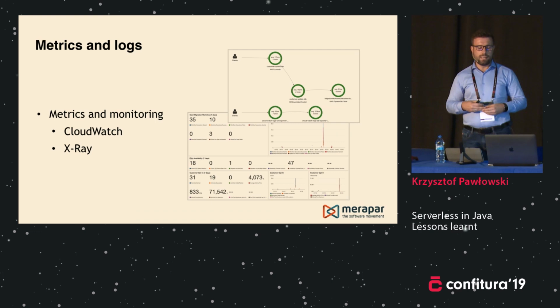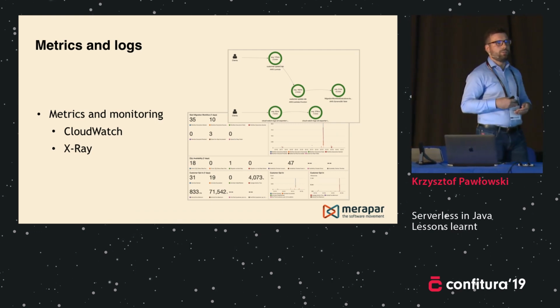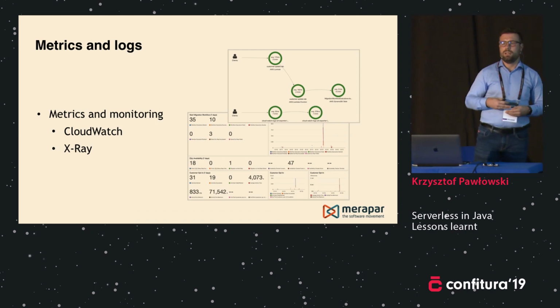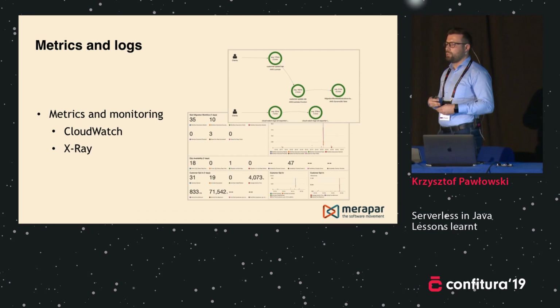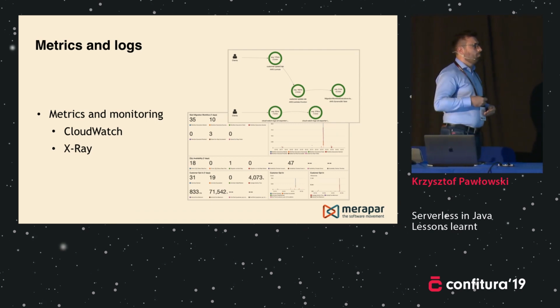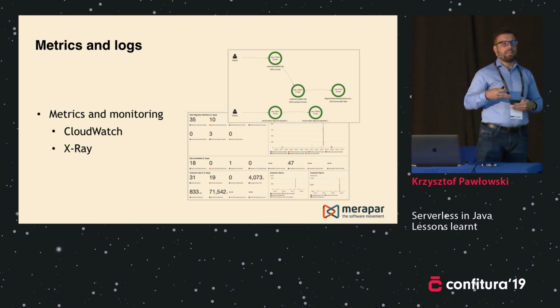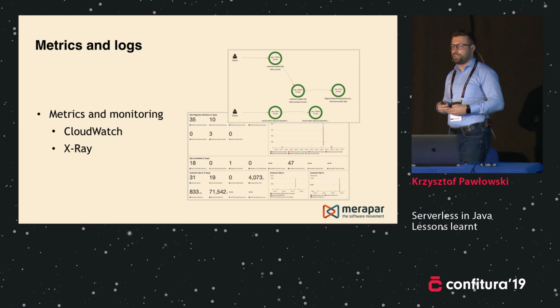You can see on this slide a dashboard, which was possible to define in just a few clicks. We could have information about how many workflow executions were started and how many of them failed. We just get it out of the box. This is from the AWS CloudWatch service.